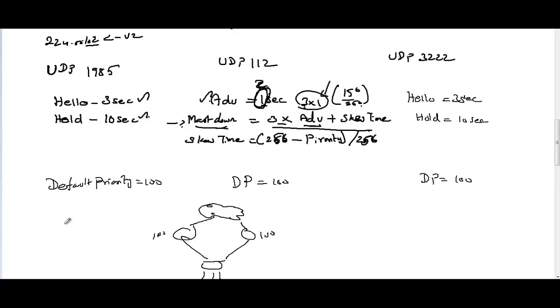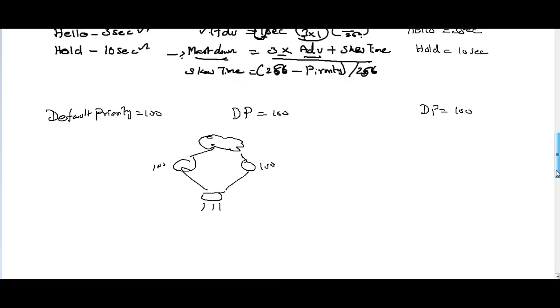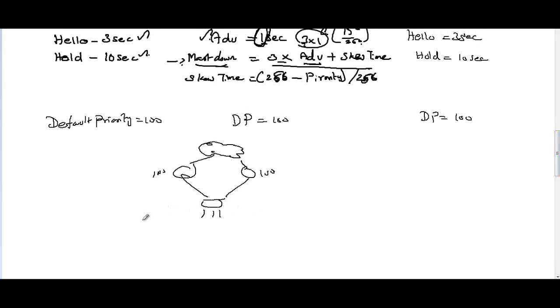In HSRP, that is determined by the highest priority, and not only in HSRP, also in VRRP and GLBP. So first it will check for the highest priority. It's the same thing in VRRP and GLBP.